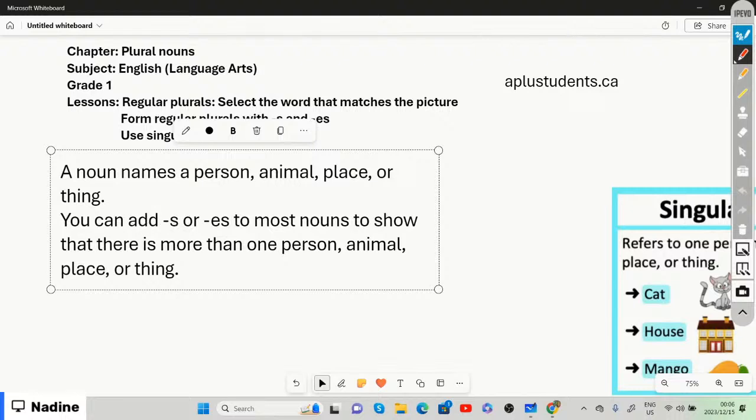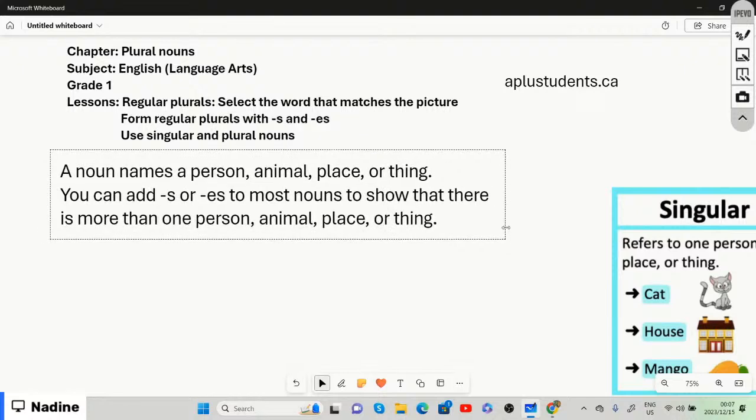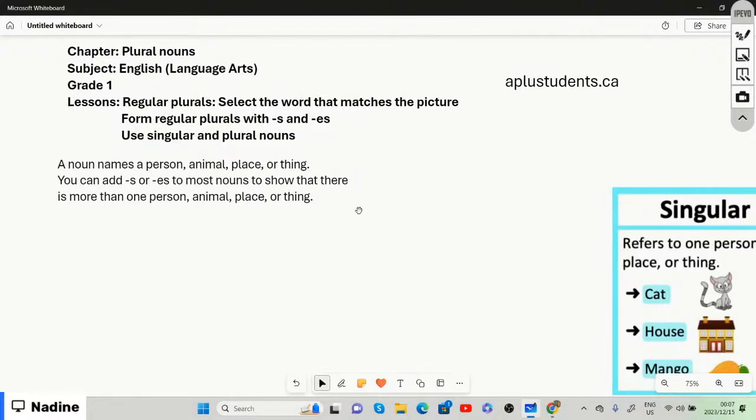All right, if we look at an example, I'm going to try and make an example.